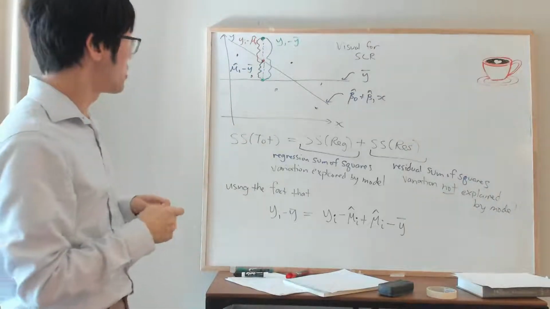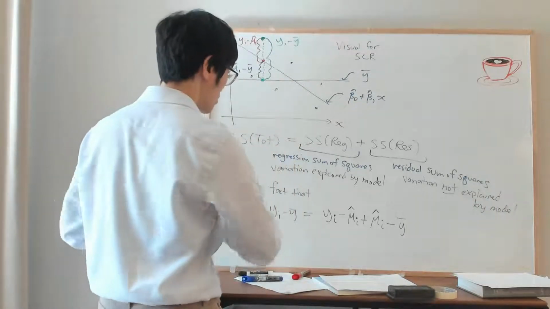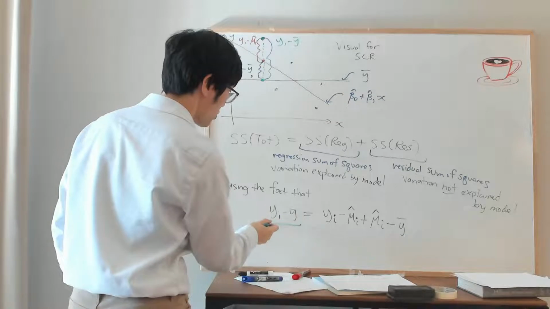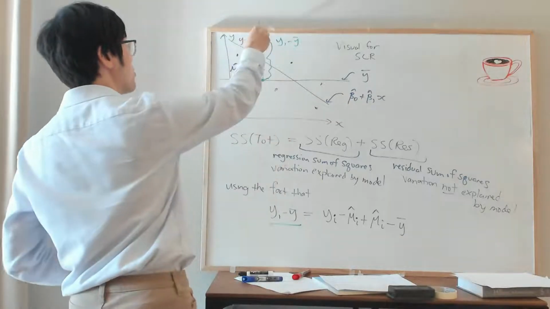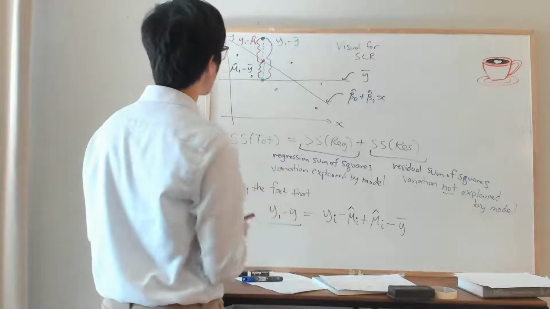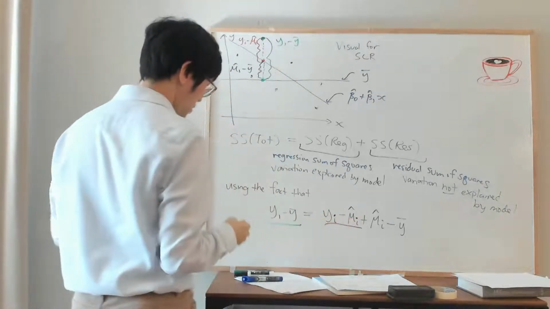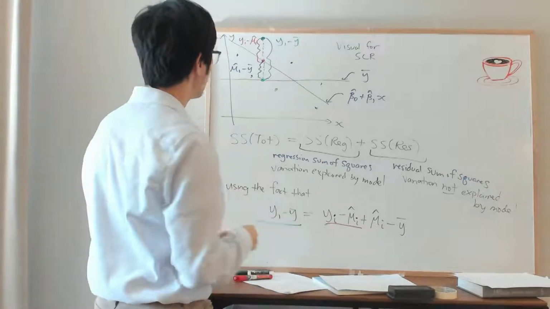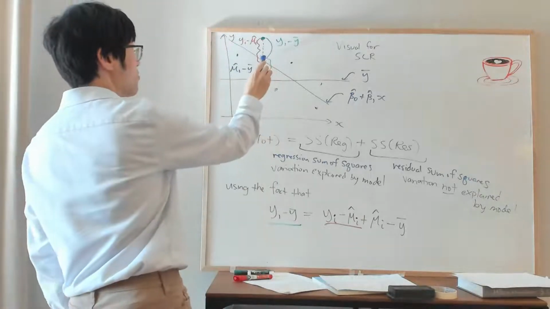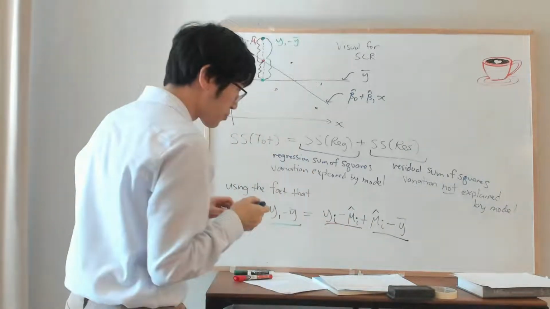Those are the three quantities that we described here. In terms of color, I labeled yi minus y bar, the point to y bar, then yi to the fitted value, that's this piece, and then from the fitted value to y bar, that's this piece.